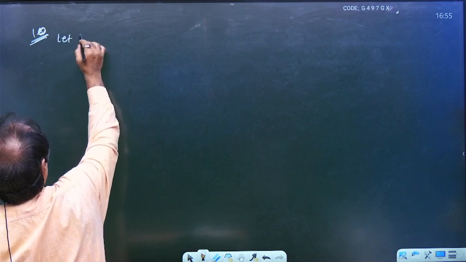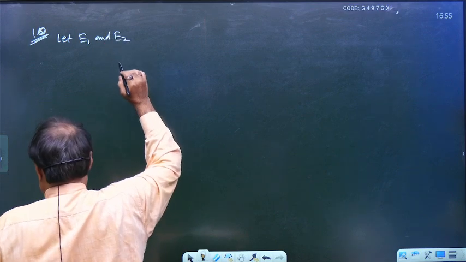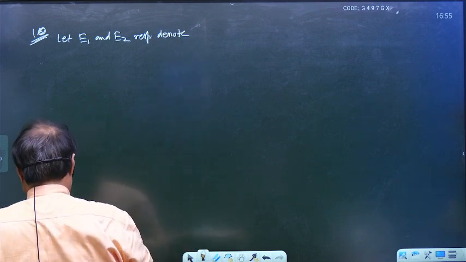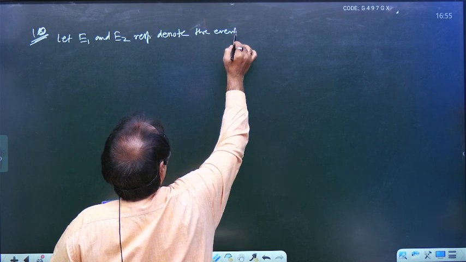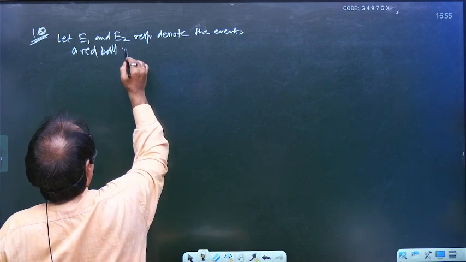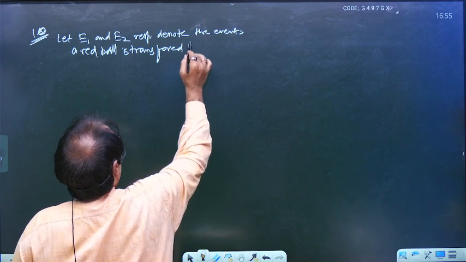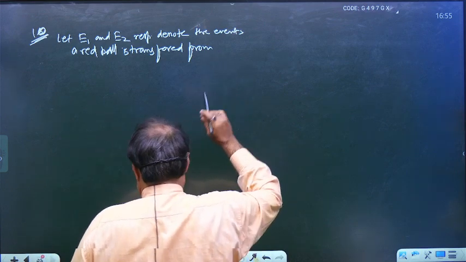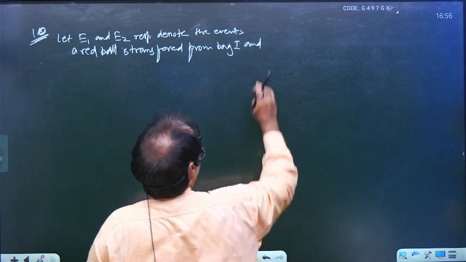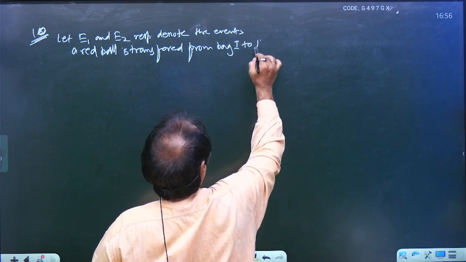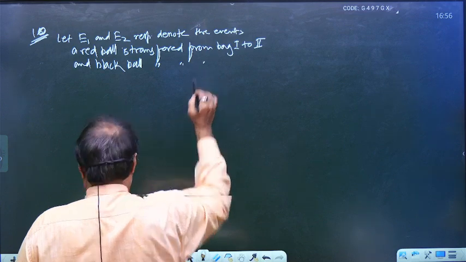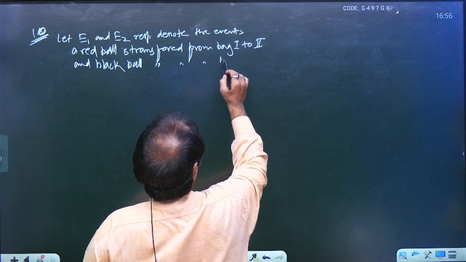Let E1 and E2 respectively denote the events that a red ball is transferred from bag 1 to bag 2, and a black ball is transferred from bag 1 to bag 2.